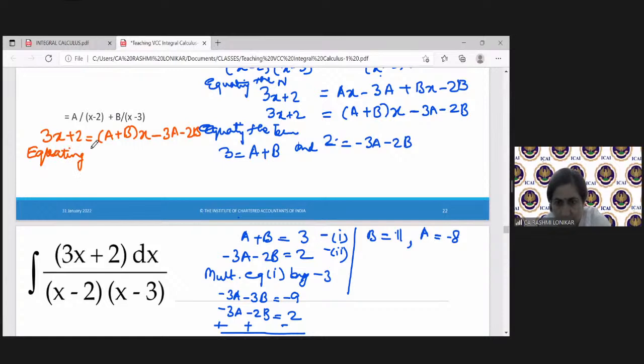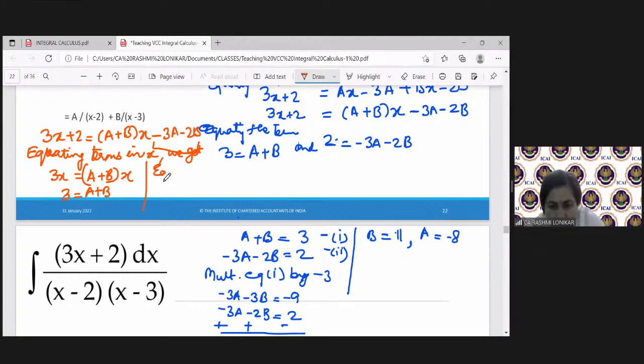Equating terms in x, we get, what are the terms in x here? This is 3x and this is equal to (A plus B) into x, right? Here, this minus 3A minus 2B is constant. They have no terms in x. So we say 3 is equal to A plus B.